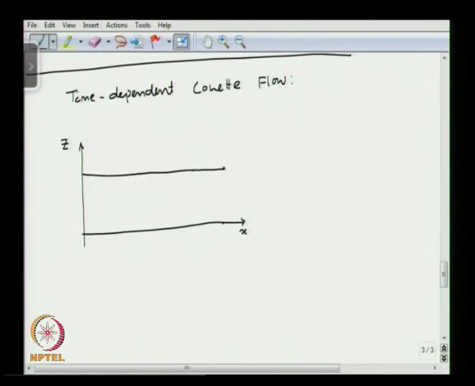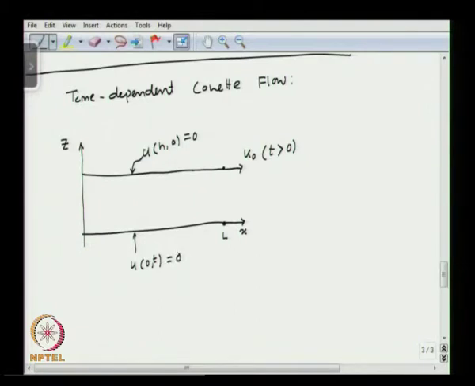Both are of the same length, let us call it L, and this moves at a velocity u0 for t greater than 0. And u(h, t) is 0 at the stationary wall, this is the no slip boundary condition, so it will always be satisfied on the wall, and the same is the case on the bottom wall, u(0, t) will be 0.